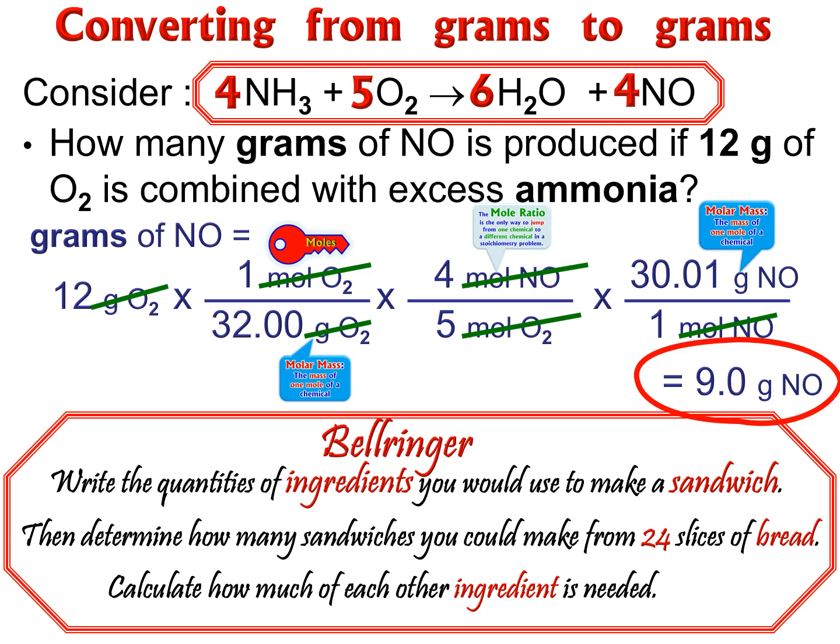This is very much like stoichiometry. If you want to make sandwiches out of 24 slices of bread, you need to know how many you can make. It may seem obvious, but then the other ingredients follow along from that using what we call the mole ratio. You would never make a mole of sandwiches, but we'll talk about this in the next notes, the bell ringer.